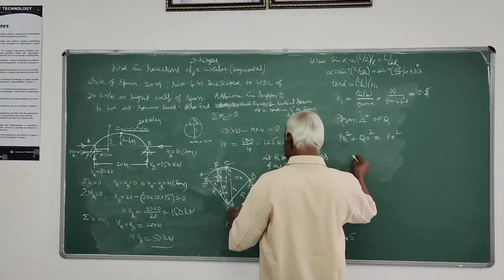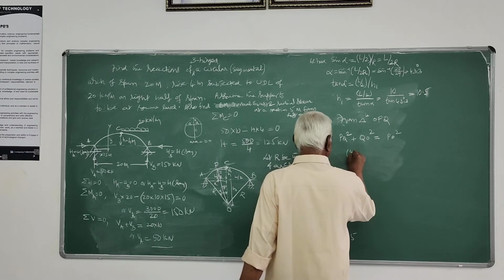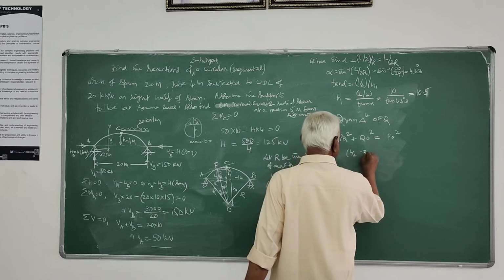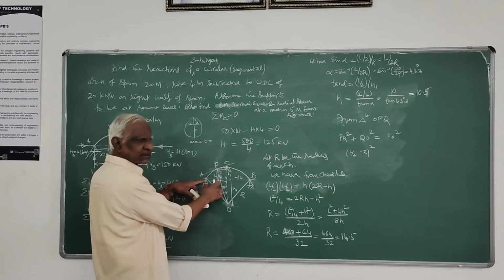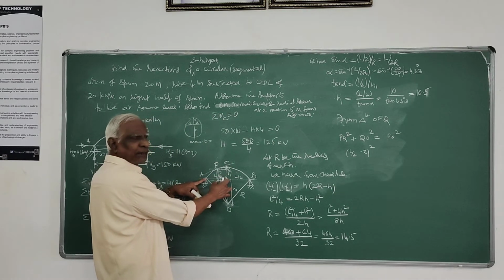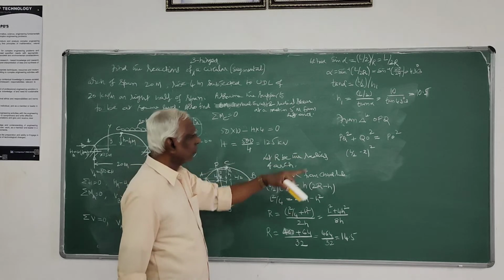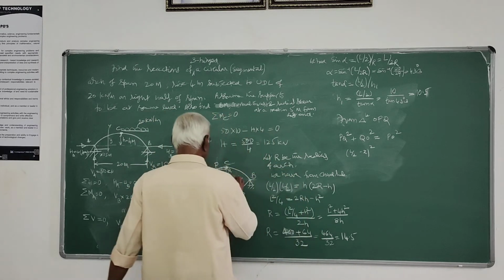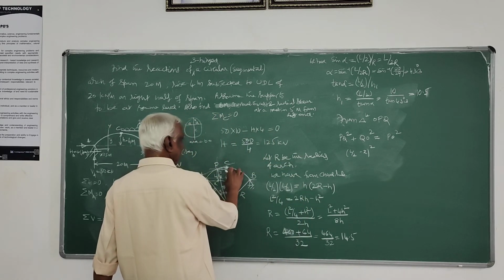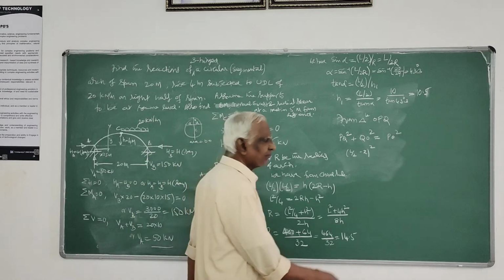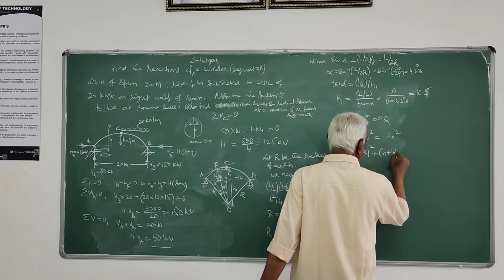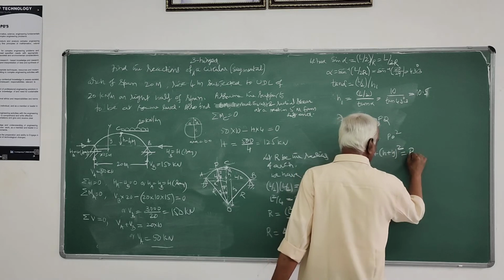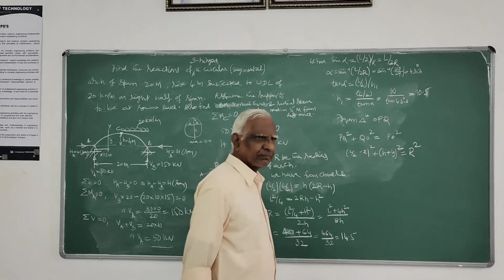Therefore, this PQ is nothing but L by 2 minus X, at that section end. So L by 2 is known. L by 2 minus X whole square, and QO is nothing but H plus Y. This H plus Y whole square is equal to R square.